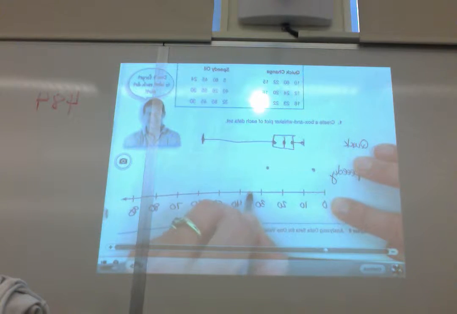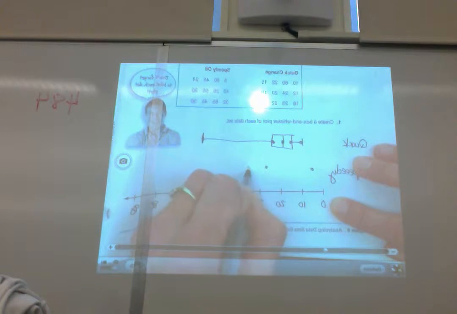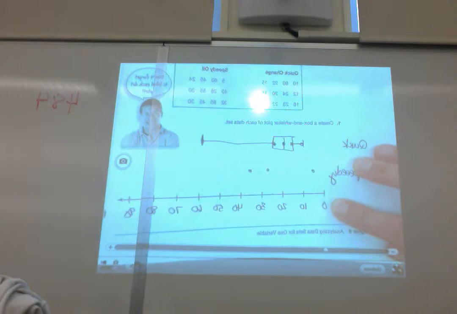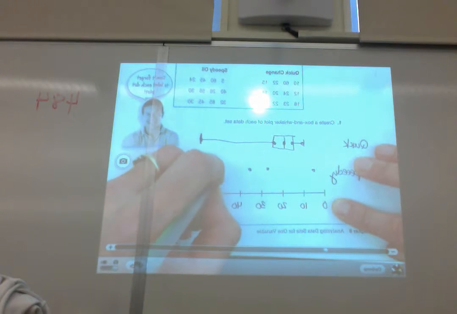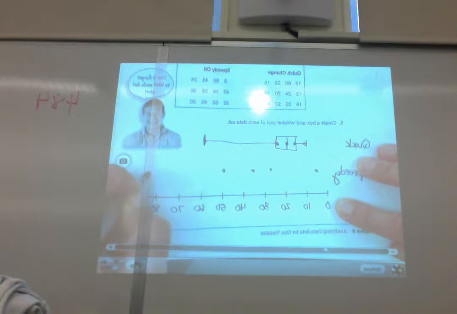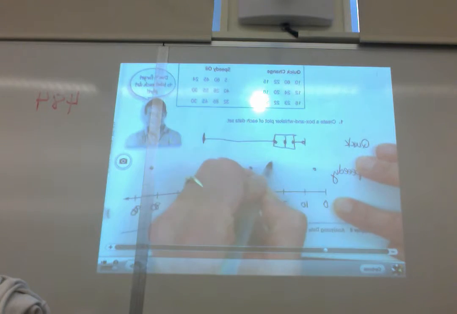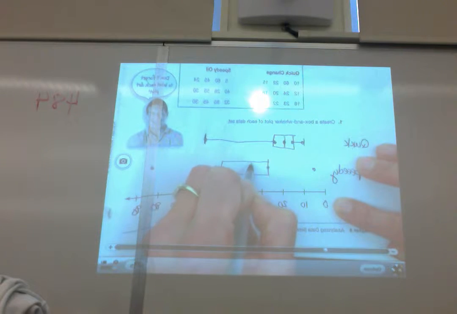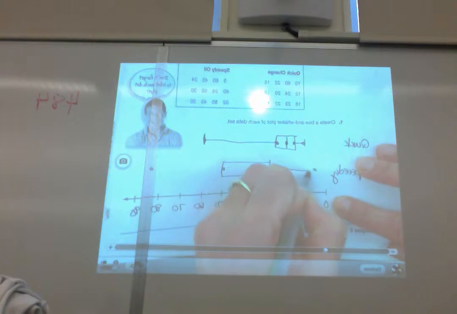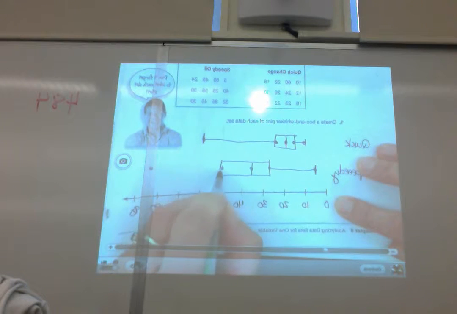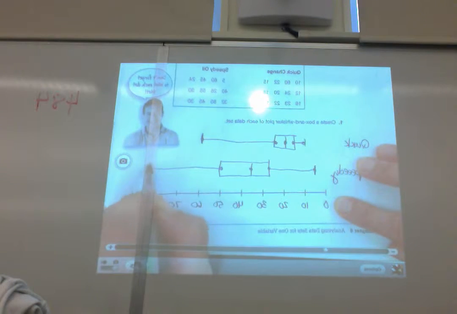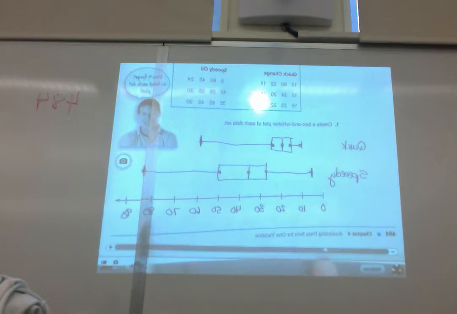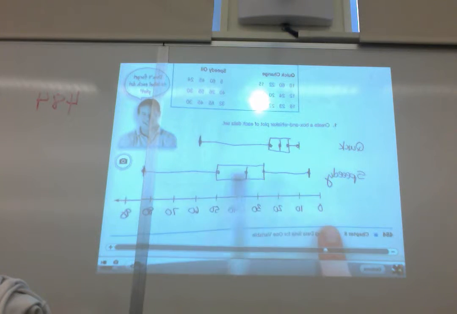Here's 35, and 36 is a little farther to the right. Then Q3 is 50, and max is 85, which will be between 80 and 90. Already off the bat, I can tell that it's kind of like that football game problem where Speedy has a bigger spread.